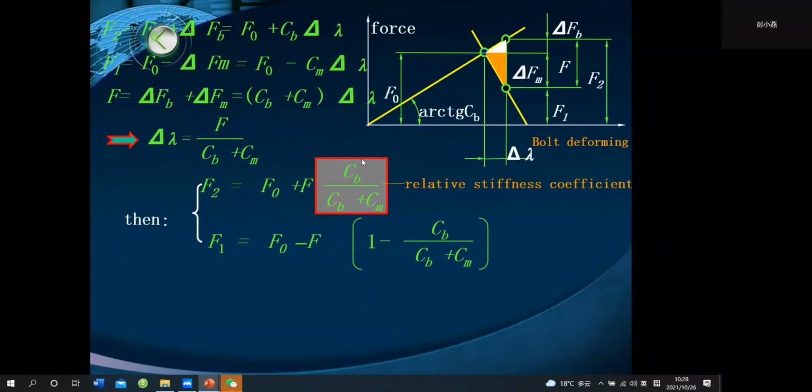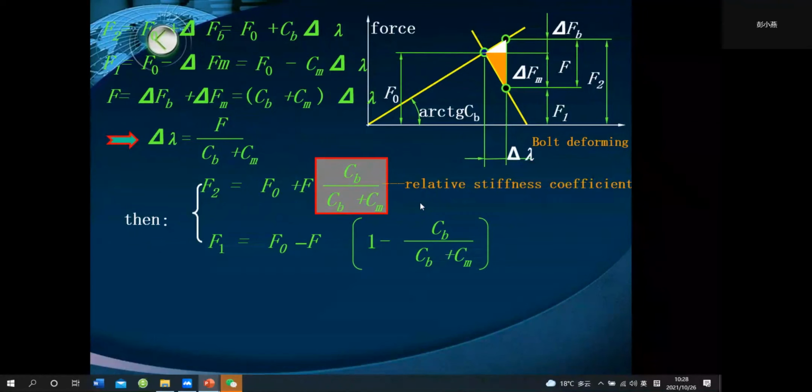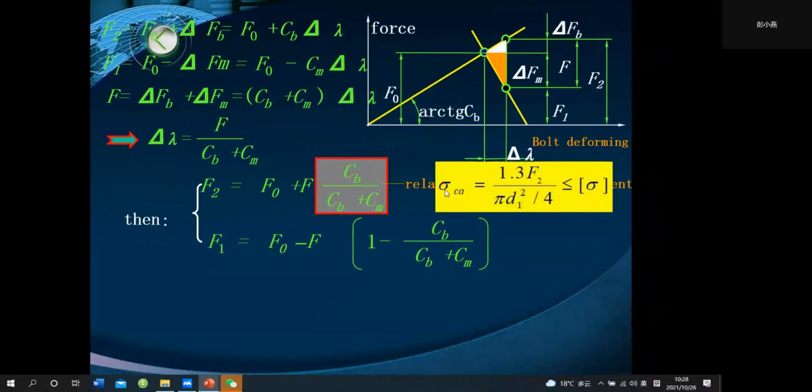So we define this Cb divided by Cb plus Cm as the relative stiffness coefficient. So we have this. The strength criteria rule should be modified as this.